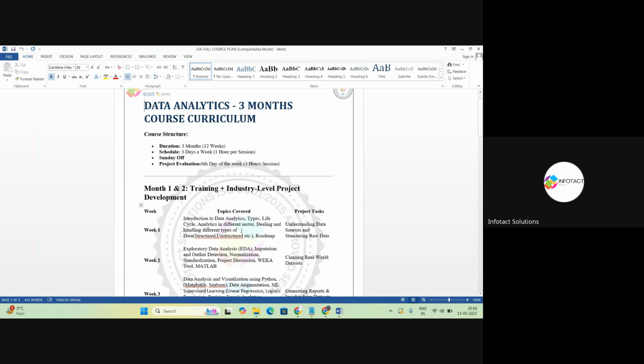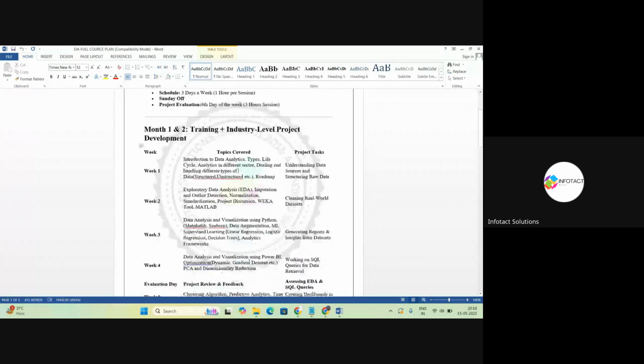Also, I've discussed. Okay, I'll tell you about the roadmap today. Also. Okay, and this is done. EDA, outlier detection, imputation project is done. Normalization, standardization will take 2 more classes. Weka tool and MATLAB. This is important. I'll discuss. I mentioned this.